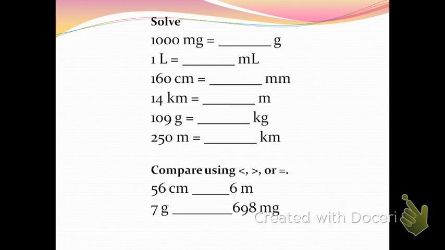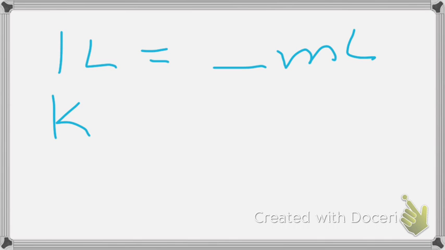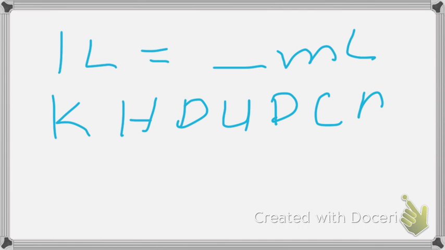So the next one: 1 liter is equal to how many milliliters? Okay, so let's put our mnemonic, Kara's hot dogs use dead cow meat, or the King's hot dogs use dead cow meat. It doesn't matter, you can say whatever you want.